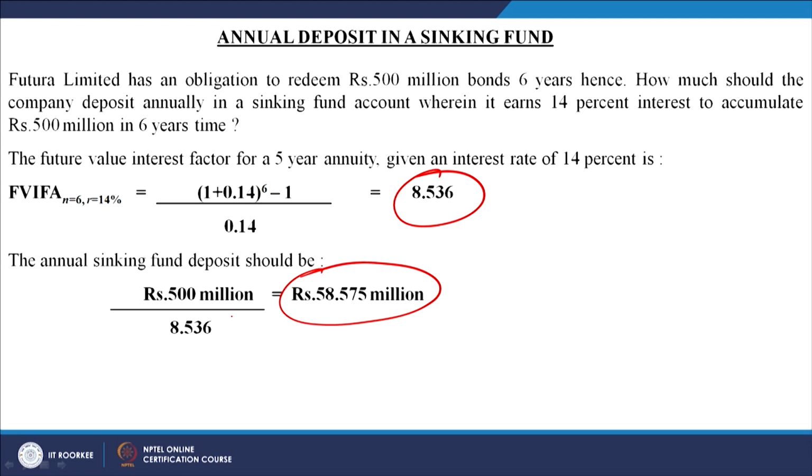So now you have to save rupees 58.575 million every year and transfer it to the sinking fund, so that at the end of the 6 years, when there will be the need for the 500 million rupees for the redemption of these bonds or whatever the obligations of the different bond subscribers is, this money is readily available with us.